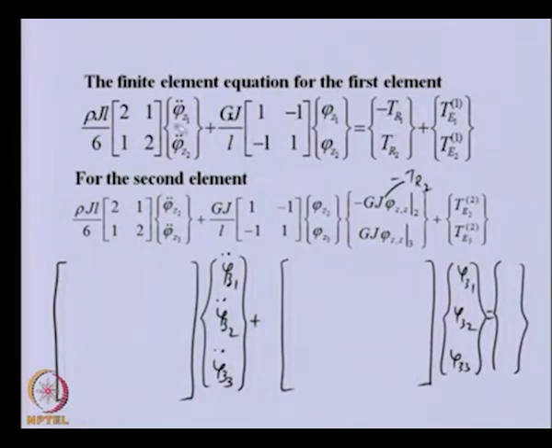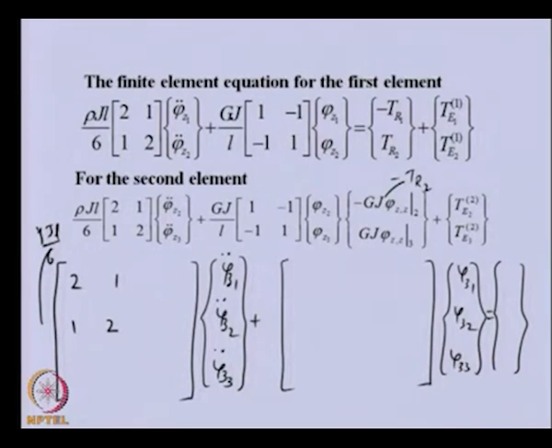Now I am inserting the first equation in this. We have the common term rho J L by 6, which will be outside, and here 2 1 1 2 corresponds to this. You can see phi z1, phi z2, phi z1, phi z2, so they will come in the first 2 rows and columns.